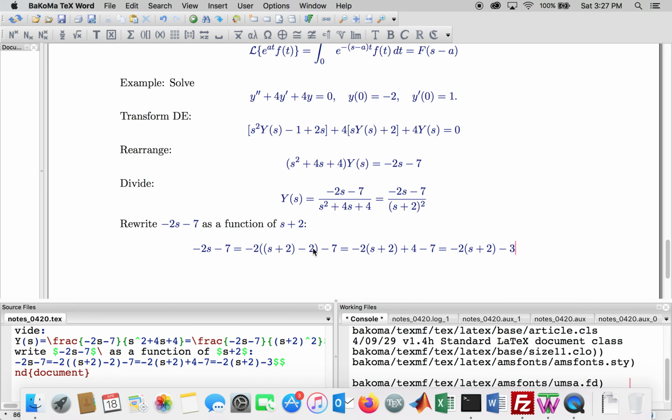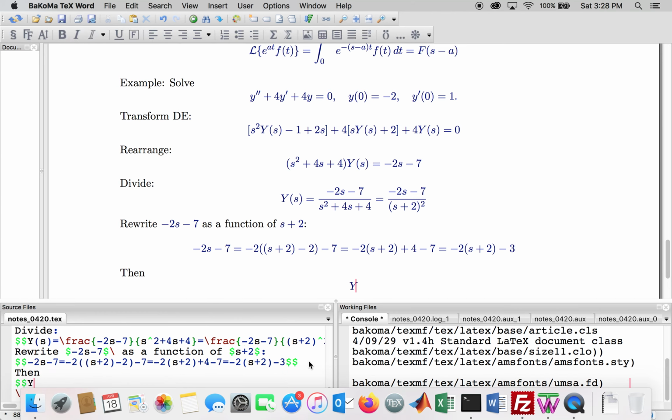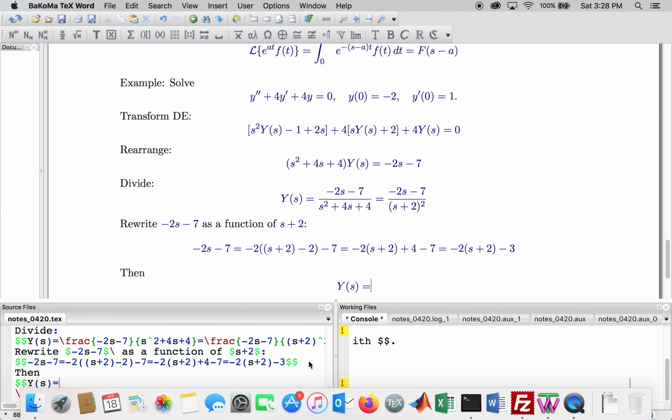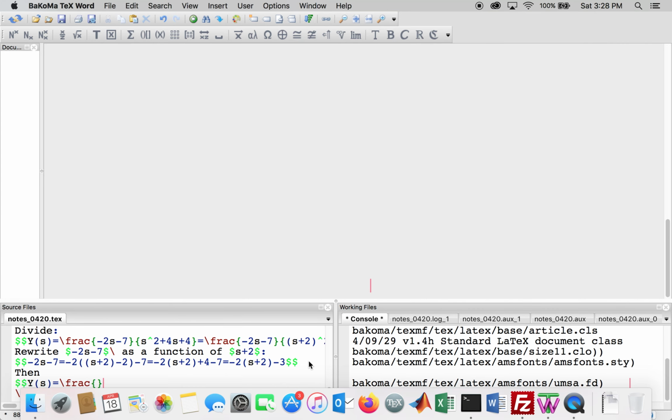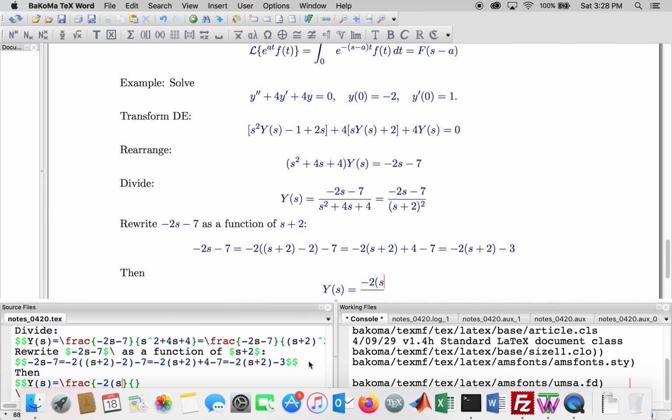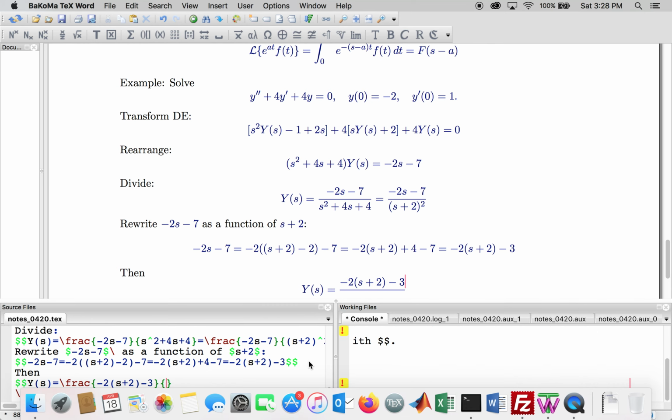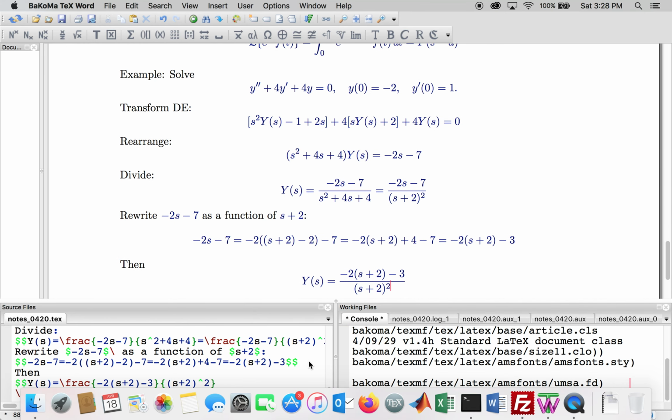Just add and subtract the shift, and then be sure to keep your variable and the appropriate shift together as you distribute and combine terms. So now I have y of s equal to minus 2 times s plus 2 minus 3 over s plus 2 squared.